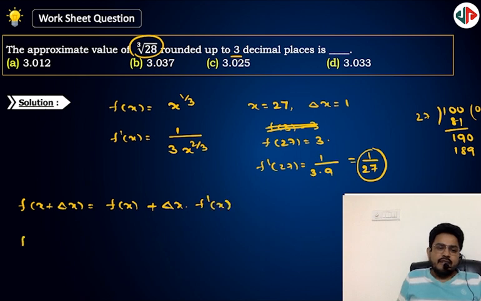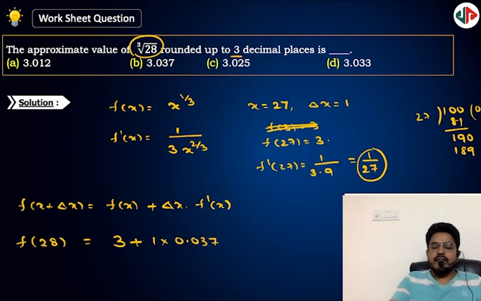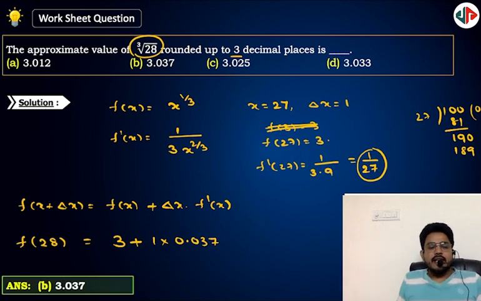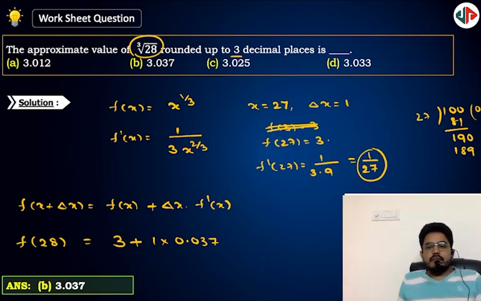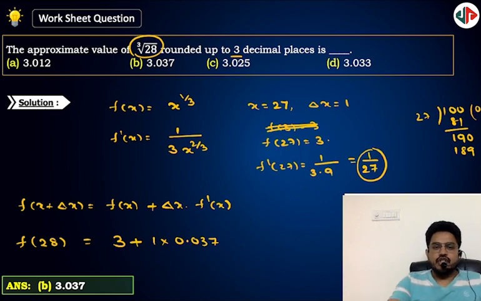So here f of 28 is equal to f of 27, that is 3, plus delta x into 0.037 roughly. So the answer is going to be 3.037.